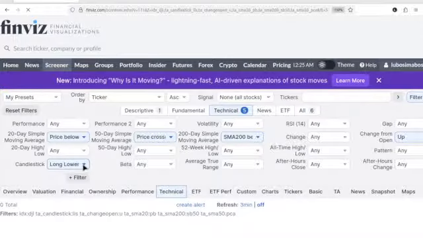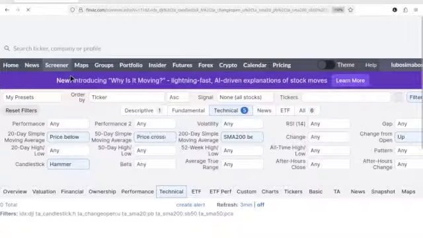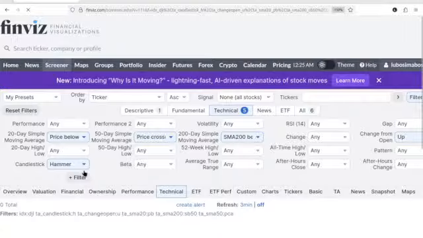So we can change, maybe we try the hammer, see if there is any trade on the hammer. Okay, so there are no stocks to trade on the hammer. Then finally we check the inverted hammer.